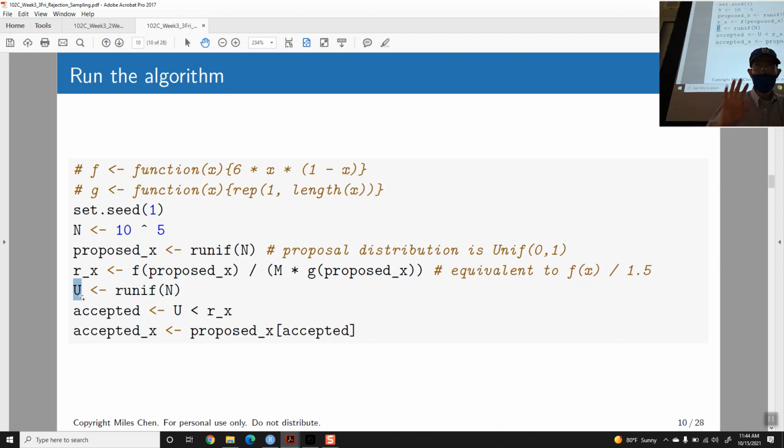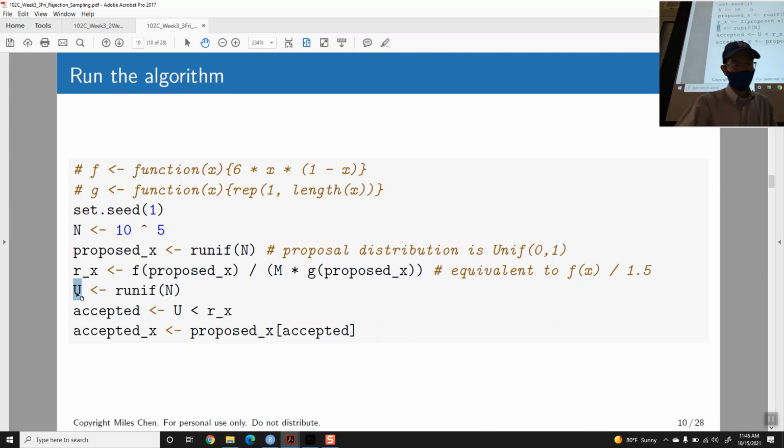Sometimes I see students set the seed to 1 here, generate using random uniform, and then feel compelled to set the seed again. If you do that, the random uniform values you generate here will be the same as the ones generated here, and that's going to cause problems. So set the seed once at the beginning and don't reuse the same values. Generate a new set of random uniform values.